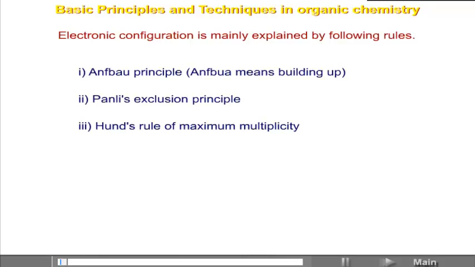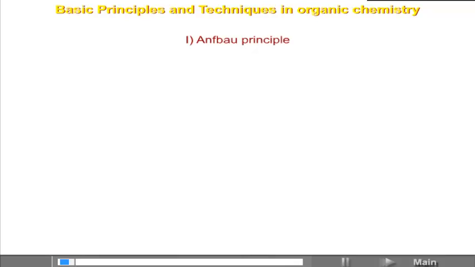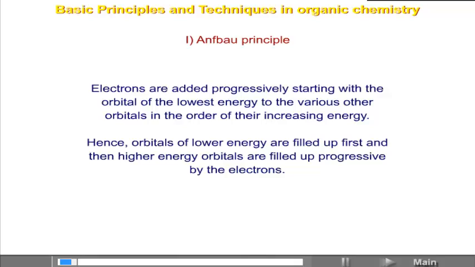First one, Aufbau principle. Aufbau means building up. Second one, Pauli's exclusion principle. And third one, Hund's rule of maximum multiplicity. First one, Aufbau principle: electrons are added progressively, starting with the orbital of the lowest energy, to the various other orbitals in the order of their increasing energy.